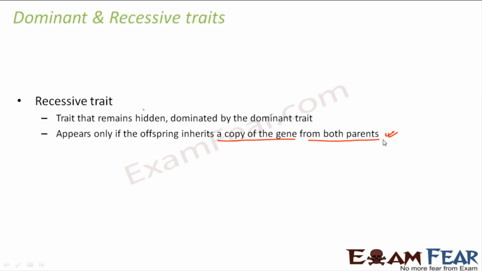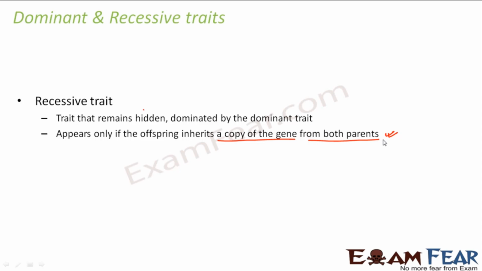Now, I already gave you a small introduction to Mendel's experiments, but that is not all. In this lesson, we are going to understand Mendel's experiment in depth so that we can understand the principle of inheritance. Right? Now, before we discuss Mendel's experiments in depth, there are a few concepts which you should be familiar with.